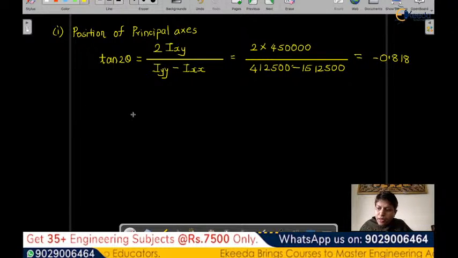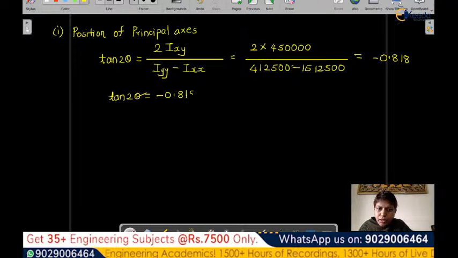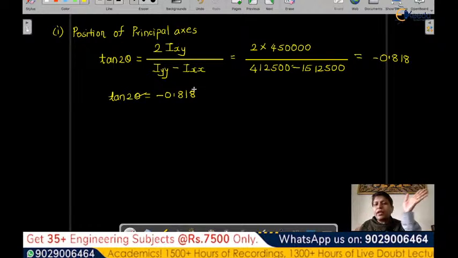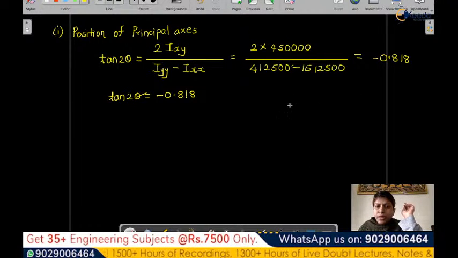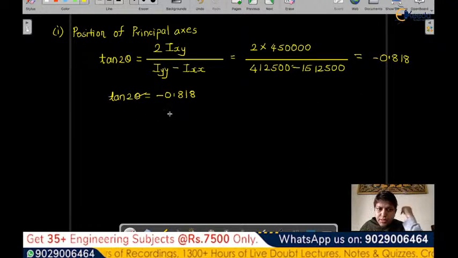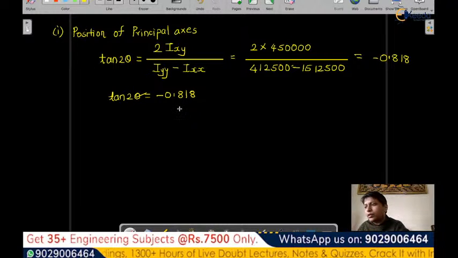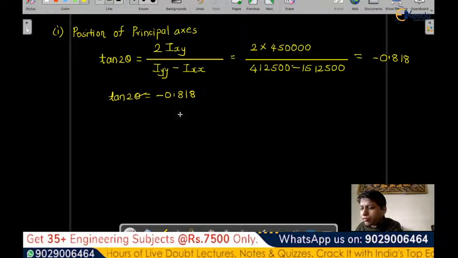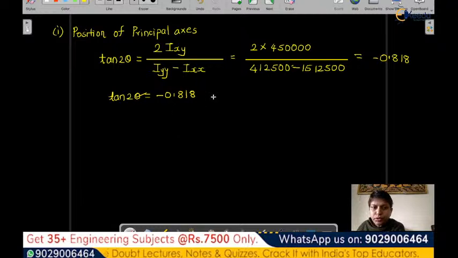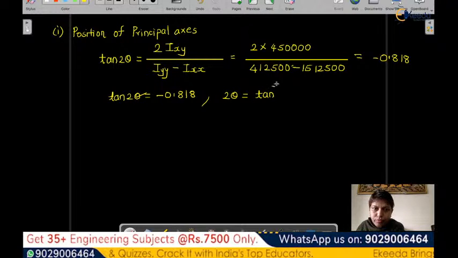Now here tan 2 theta is coming as negative, which means the angle will be in the second quadrant, because the angle is showing as negative. So 2 theta is tan inverse of minus 0.818.